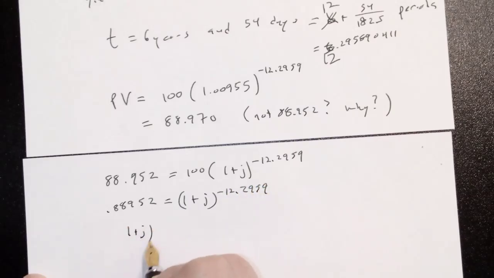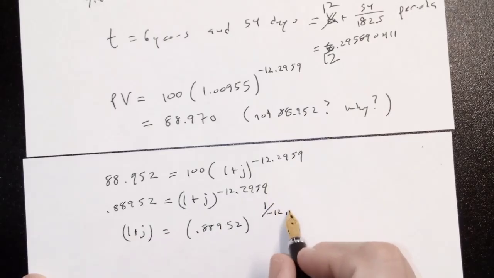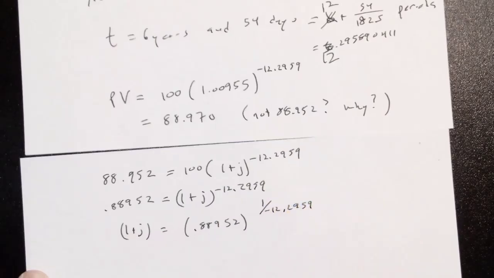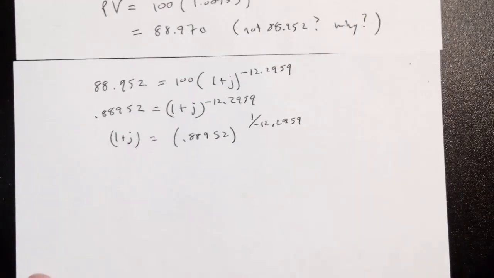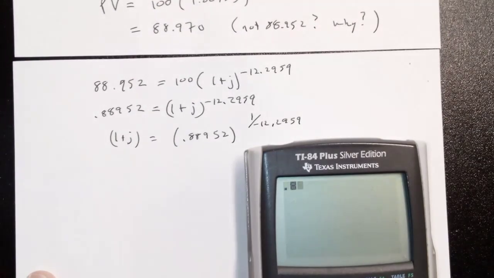So 1 plus J is 0.88952 raised to the 1 over negative 12.2959. Well, that's a disgusting looking number, but I can do it.